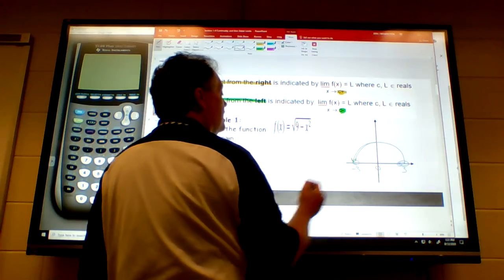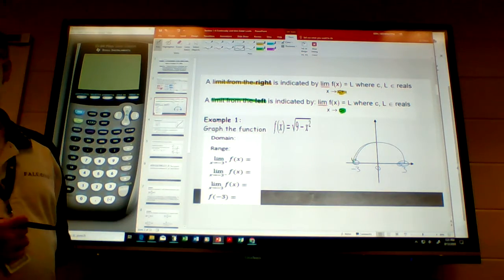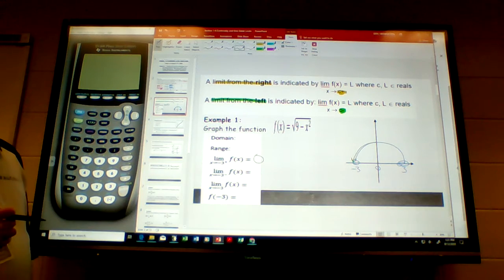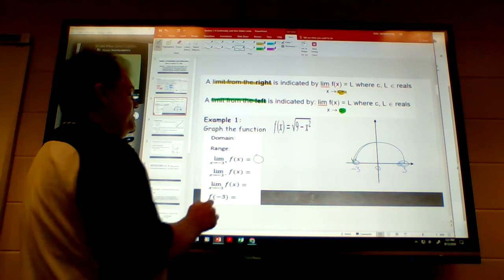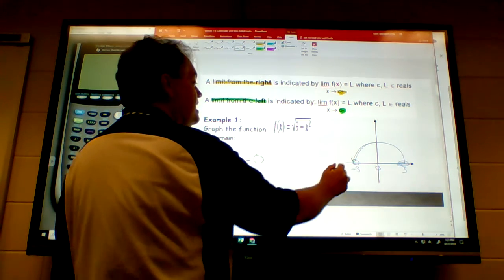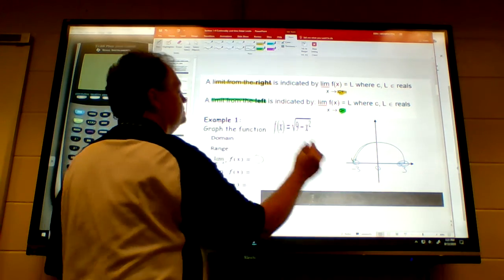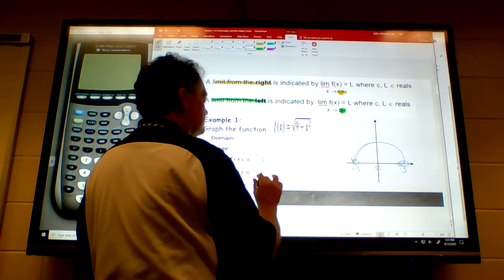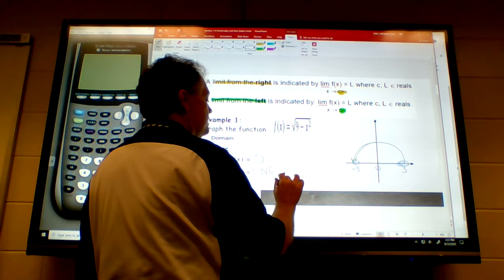It's approaching there, so that limit is going to be 0. Now the limit as x approaches -3 from the negative side: you look here, there's nothing over here. So it does not exist. Nothing there.